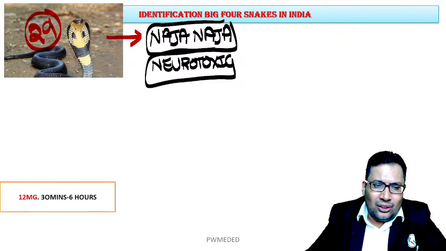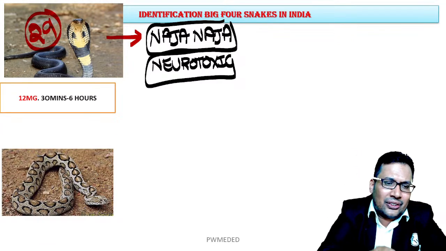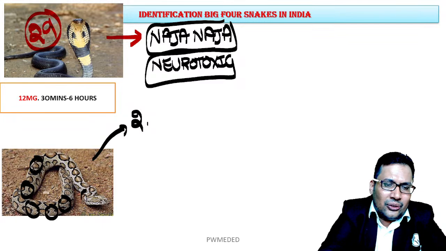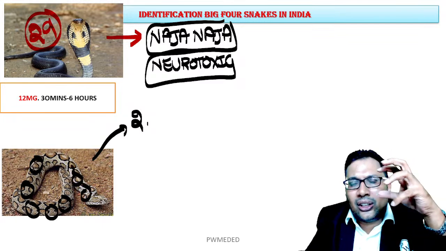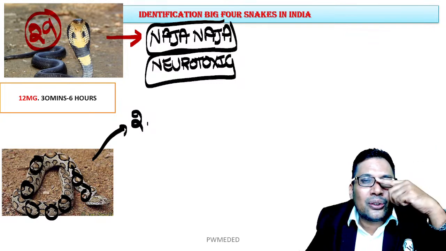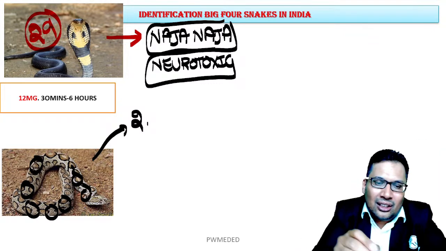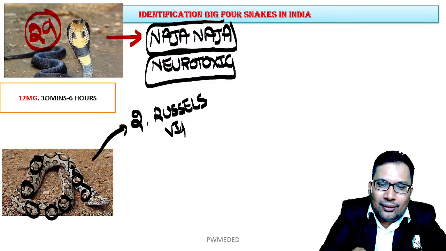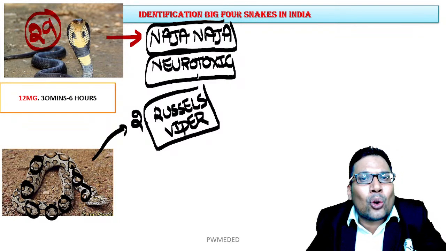Next, look at this, the second type of snake. You can see three rows of dark brown or black spots. This must be the hemotoxic snake known as Russell's viper. Remember, all vipers are hemotoxic.